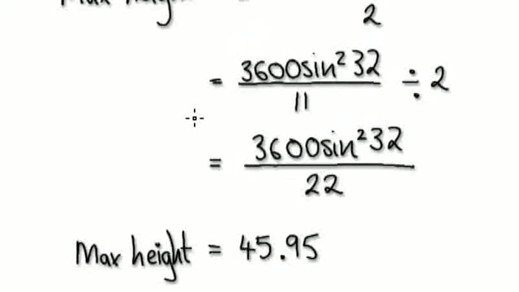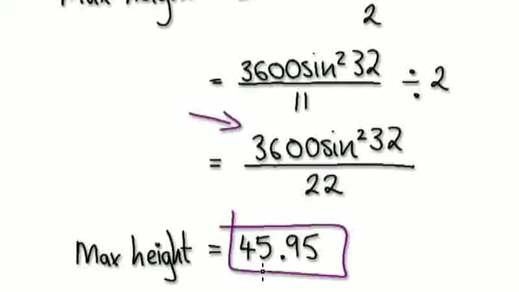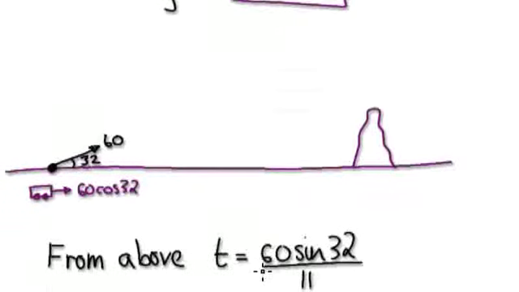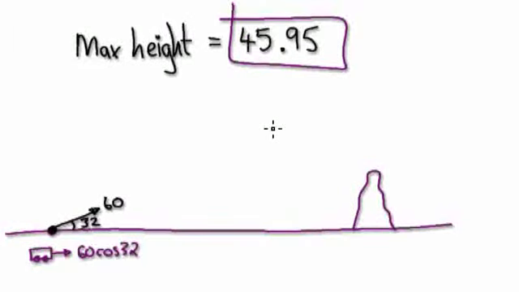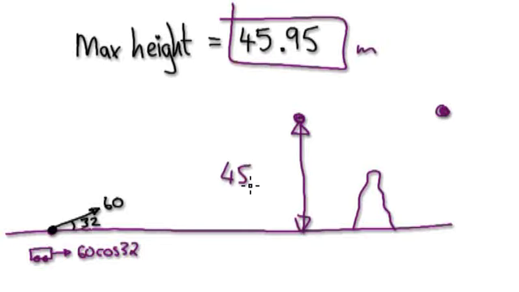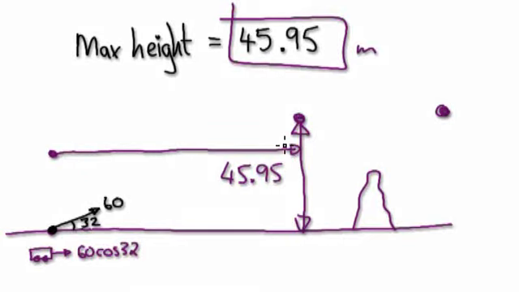Anyway, punch this into your calculator, and this would represent the maximum height. So far we know the actual maximum height, and we know the time it takes to get to maximum height. The maximum height could be here, or it could be over here. What we do know is that the maximum height is 5.95.